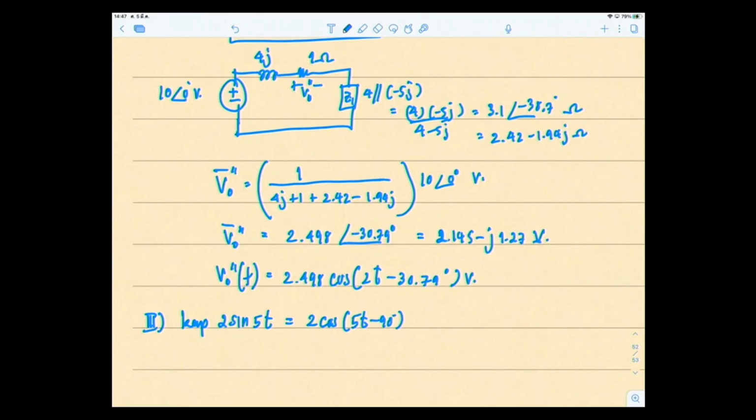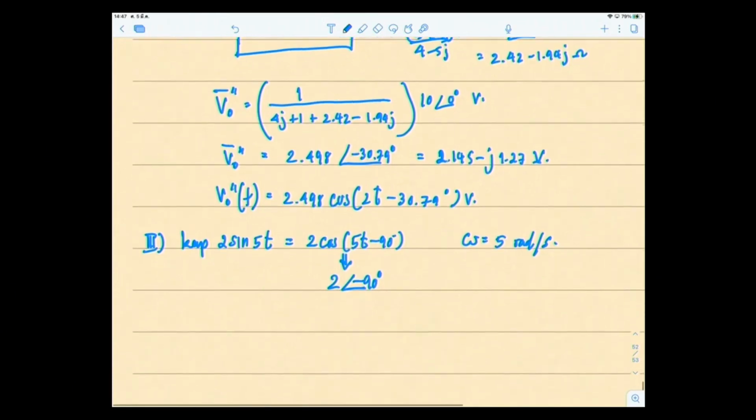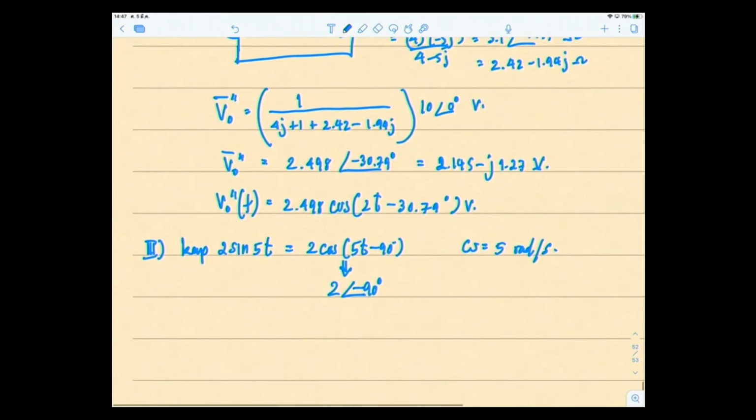In this case, omega is equal to 5 radian per second. If you change this current source into phasor form, it's 2 angle minus 90 degrees amps. Using omega equal to 5, your ZL, j omega L, is j times 5 times L, in this case 2 Henry, so it's equal to 10j ohms.